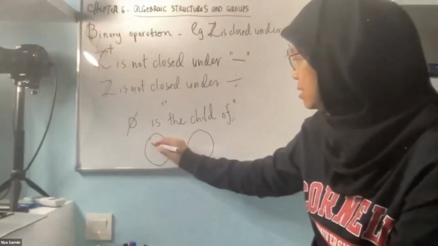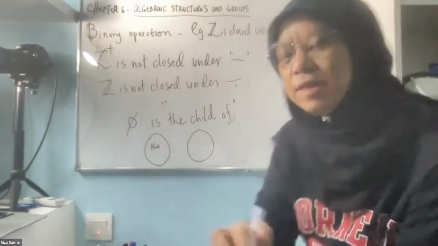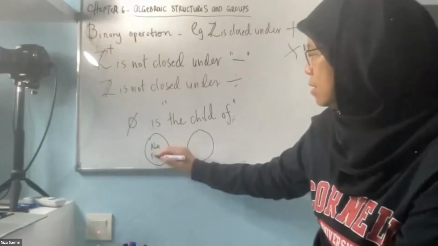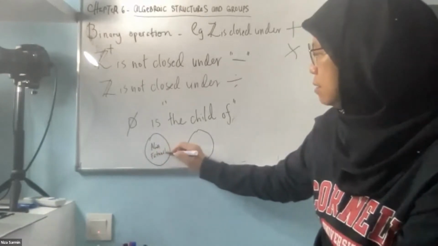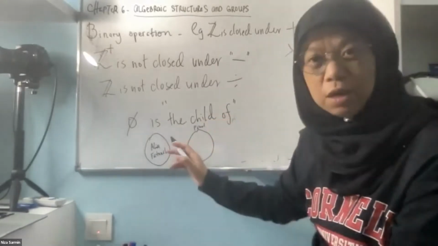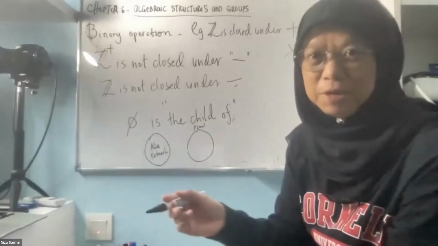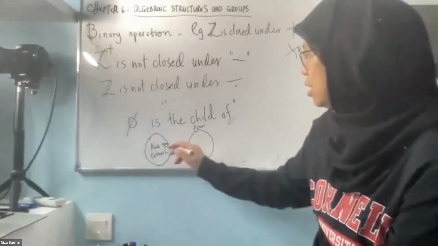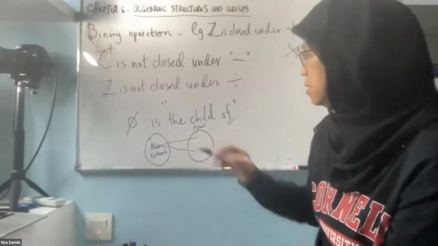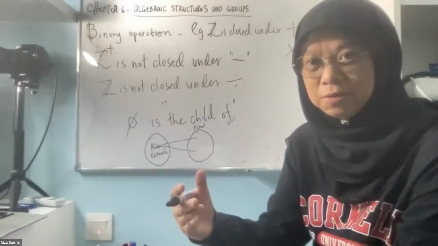We put the name Alia here. There are 2 Alias, right? Fatana. If I put parent here, Alia, you are the child of your dad and mom, right? So I will have it like this, which is not a function because we cannot have 2 images, right?